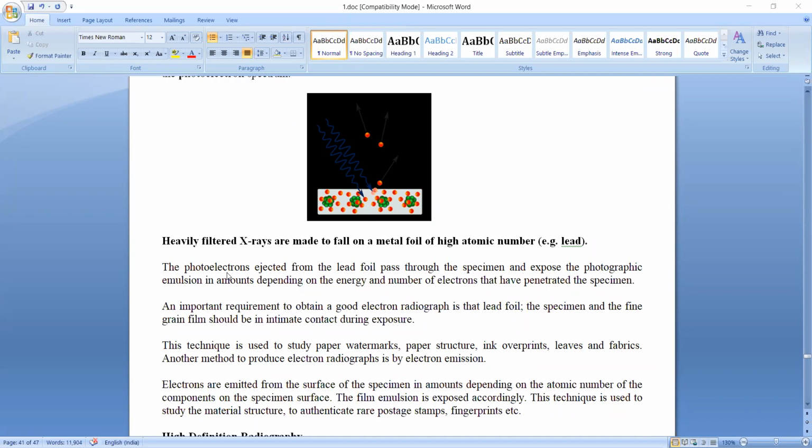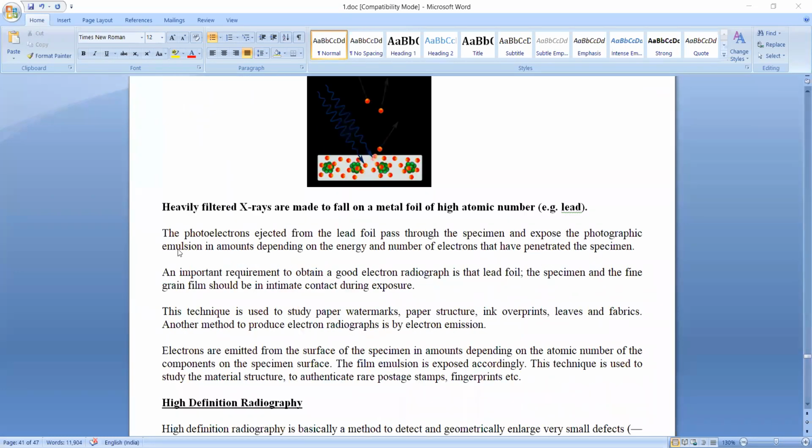And one more thing, here we are using high contrast films to get a good quality image. This technique is mainly used to study paper watermarks and paper structure, such as the structure of the paper and ink overprints.